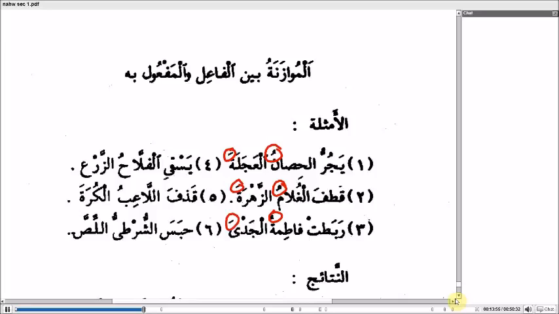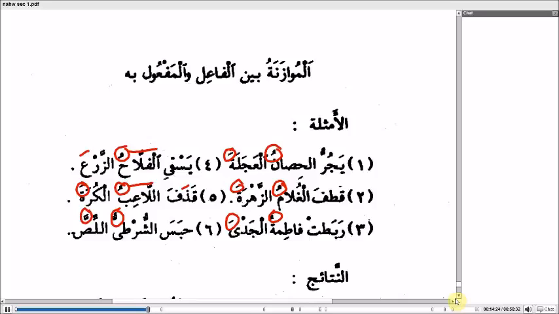Yasqi al-fallahu, the farmer is the one watering al-zar'a, the crops or the field. Qadafa al-la'ibu, the doer is marfu', he threw the qurrata, mansoob. Al-shurtiyu, marfu', he's the one who arrested the lissa, mansoob.